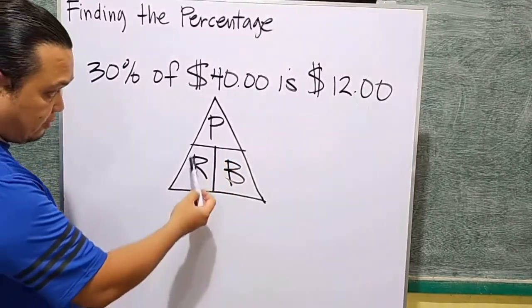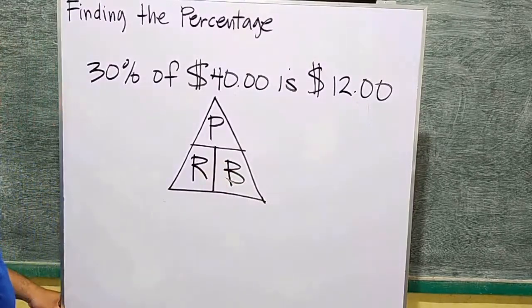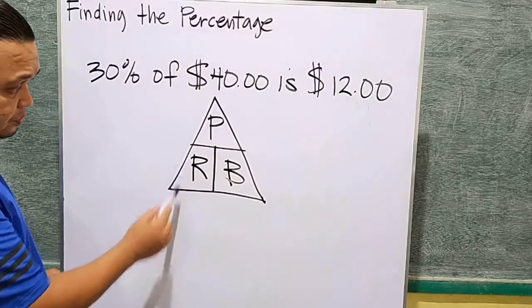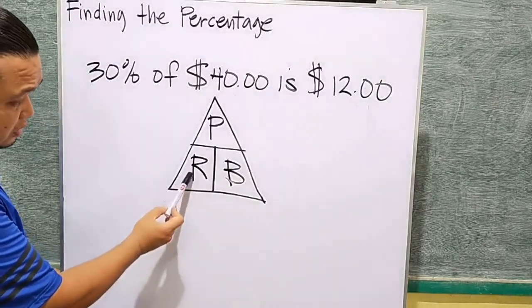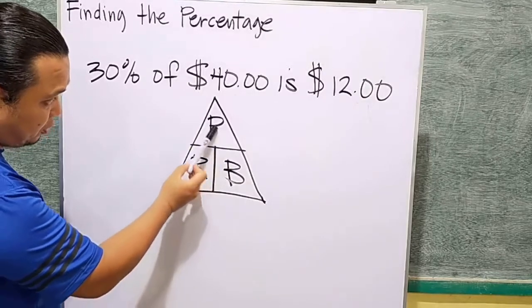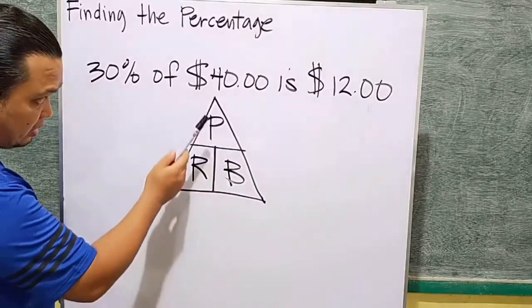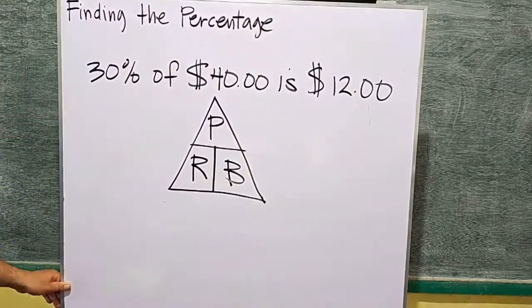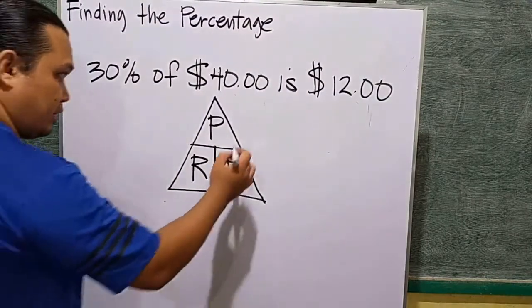If you're looking for the rate, all we need to do is divide the percentage by the base. That's how we use the triangle.